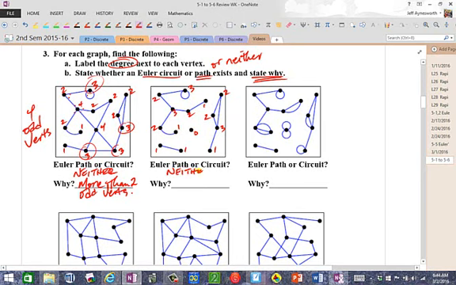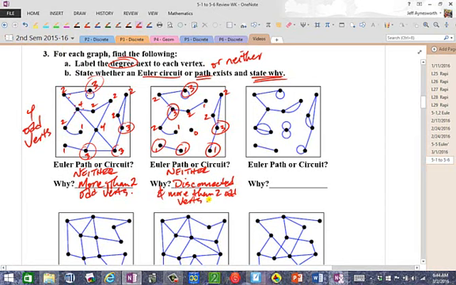It's disconnected, and you have way too many odd vertices. So as soon as you see a disconnected graph, you're going to have a problem anyway.